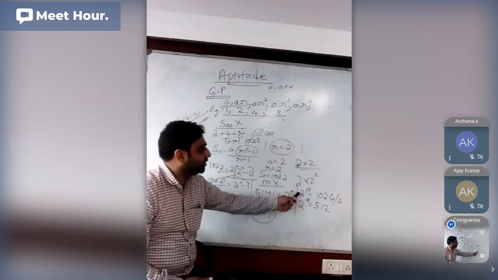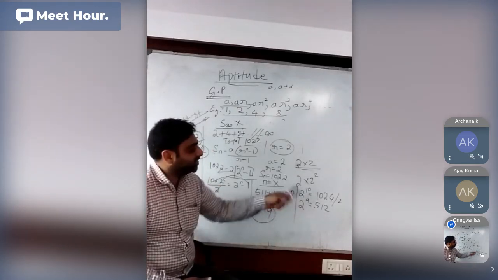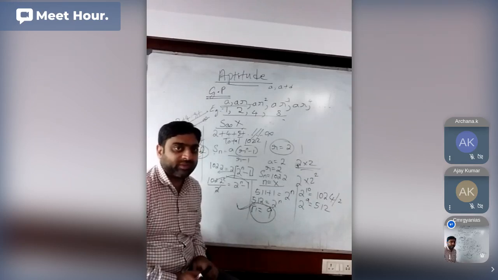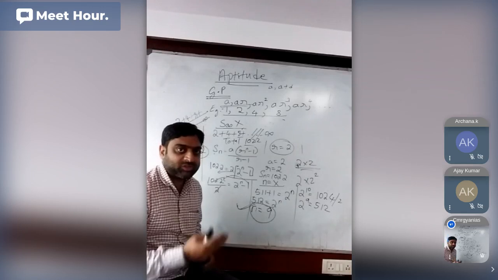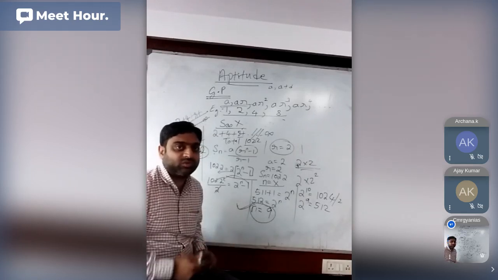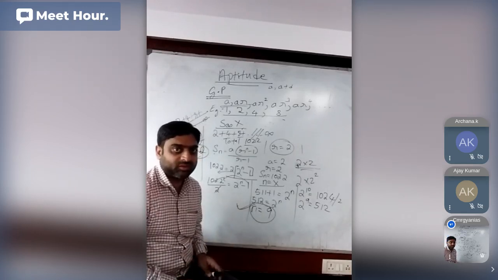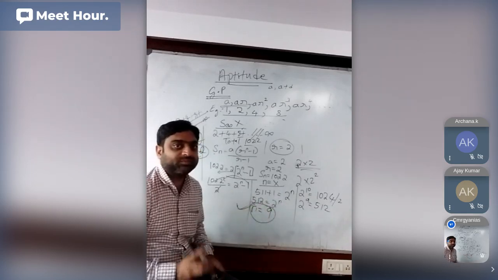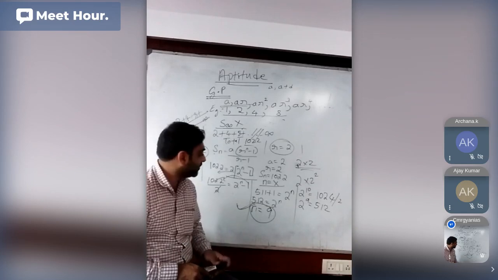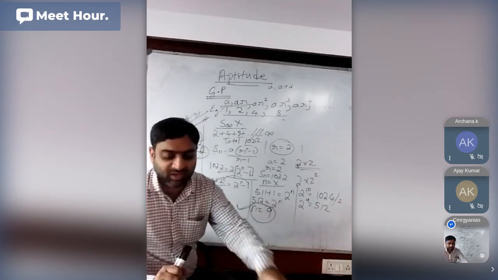As we know, 2 to the power 10 is equal to 1024, and 1024 divided by 2 gives 512. That means 2 to the power 9 is equal to 512. So hence, n is equal to 9. That is the answer they are asking.